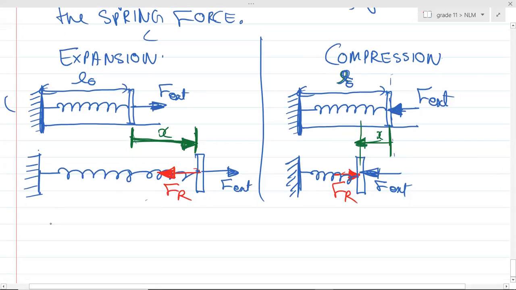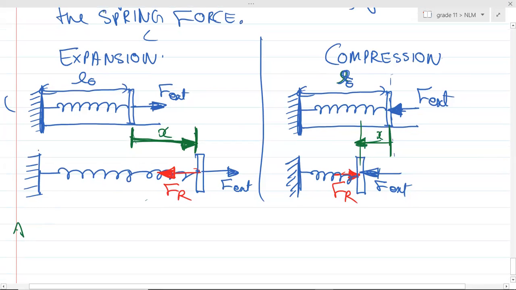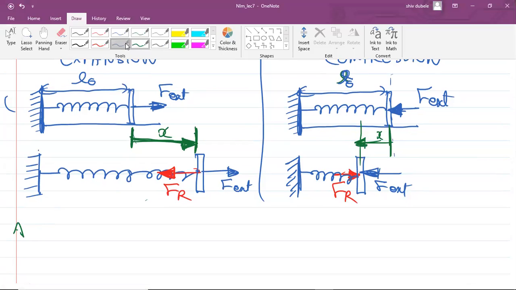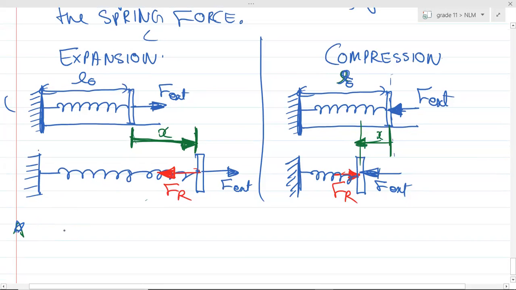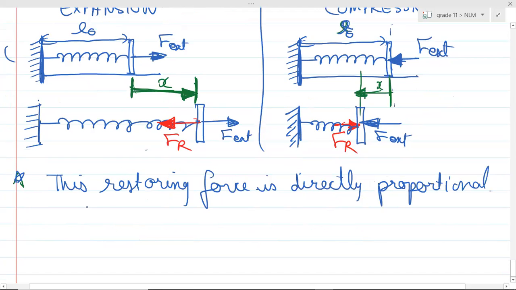And so anyways, next point, write down about spring force. Next point about spring force, please remember. This restoring force is directly proportional to the deformation length.